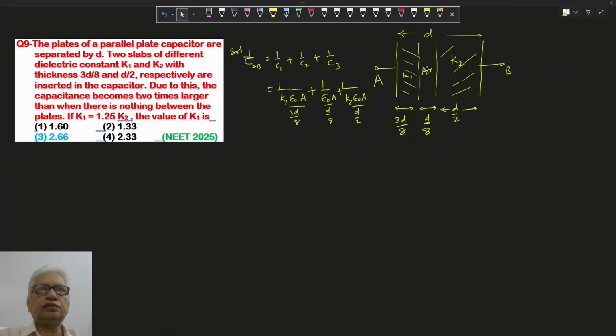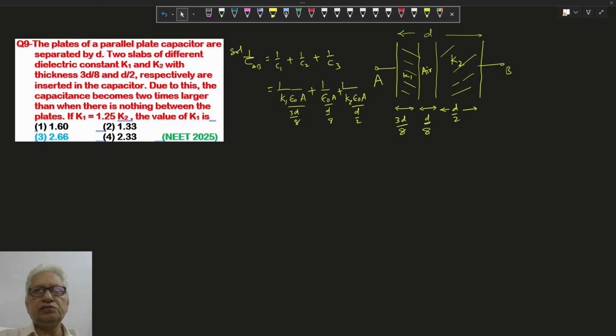Hello. In this question, one capacitor has A as the area of cross section. In this portion of 3d by 8, a K1 dielectric constant material is filled.